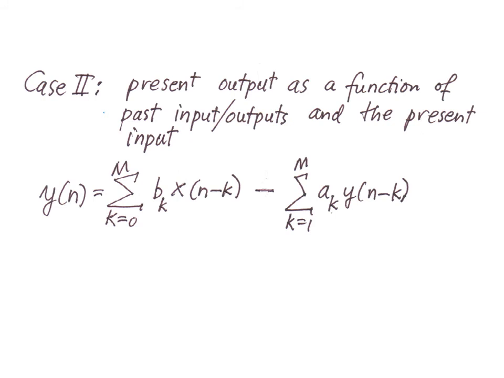So y of n is some function of the past outputs that have already been outputted, fed back, and processed to give us a present output value in combination with the input sequence x. This is called a difference equation. It's still causal, but now involves feedback. It's causal because it does not look into the future, only into the past, to give us a present output y of n.